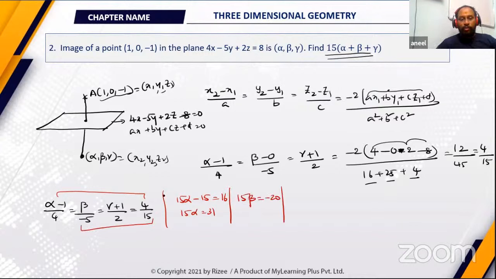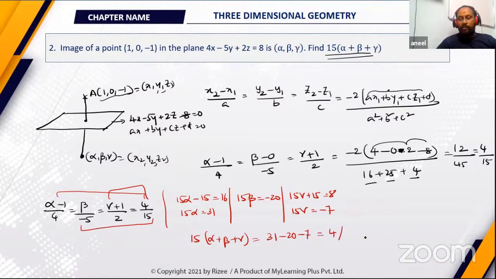And from these two, 15 gamma plus 15 is equal to 8, so 15 gamma is equal to minus 7. He wanted 15 alpha plus 15 beta plus 15 gamma. So 31 minus 20 minus 7, which is nothing but 4. Just mere application of the formula.